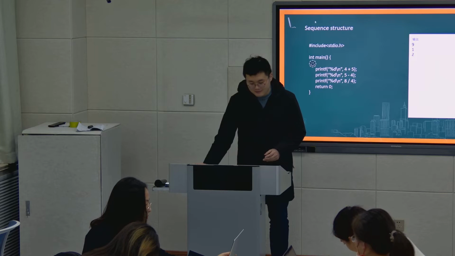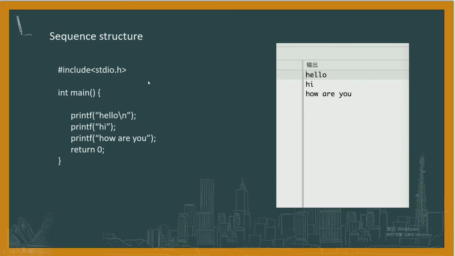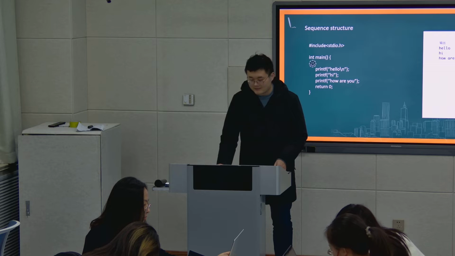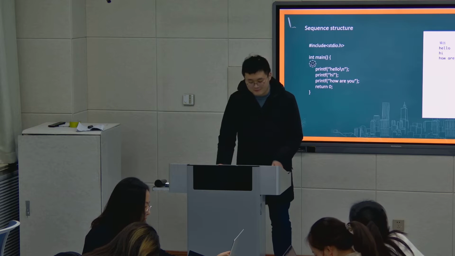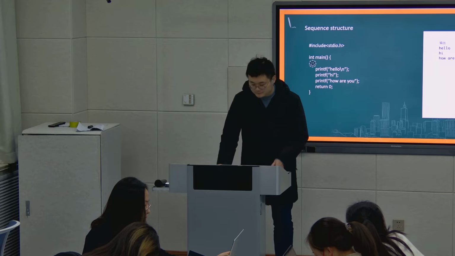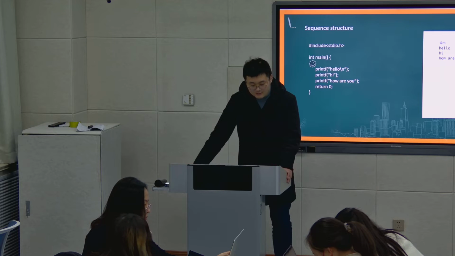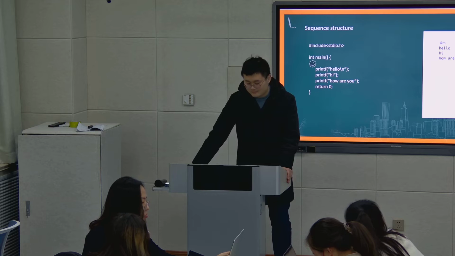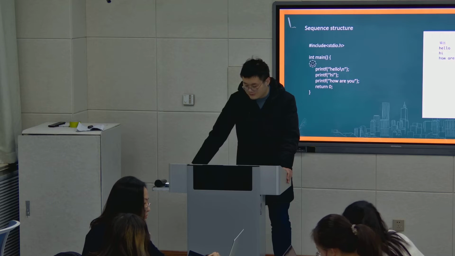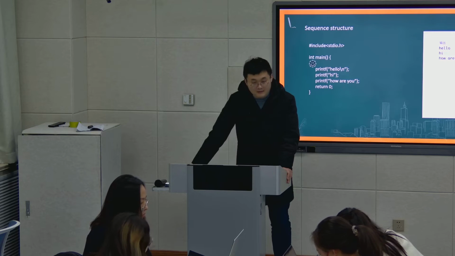So here is another sample. You can see we also print 3 lines: hello, hi, and how are you? The program also starts from the include and ends with a bracket, right?